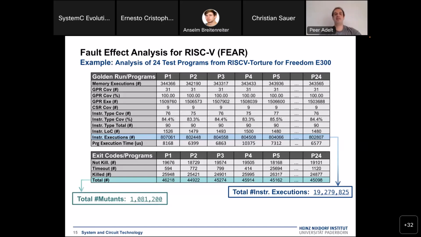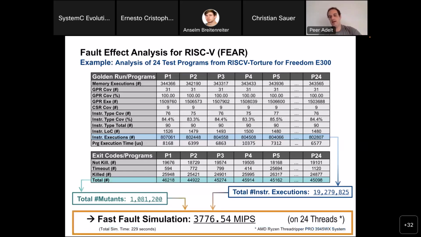So the complete test run of program 1 could be simulated in parallel to programs 2 to 24. And on my simulation machine, which has 12 cores, 24 threads, we end up with a very fast simulation speed of close to 4,000 MIPS with fault simulation enabled. So in this particular example, the real time was 229 seconds.